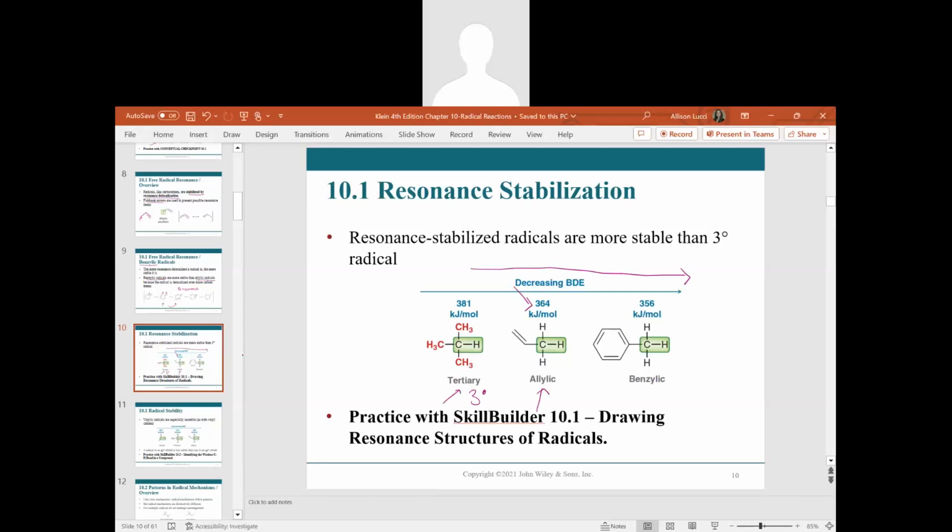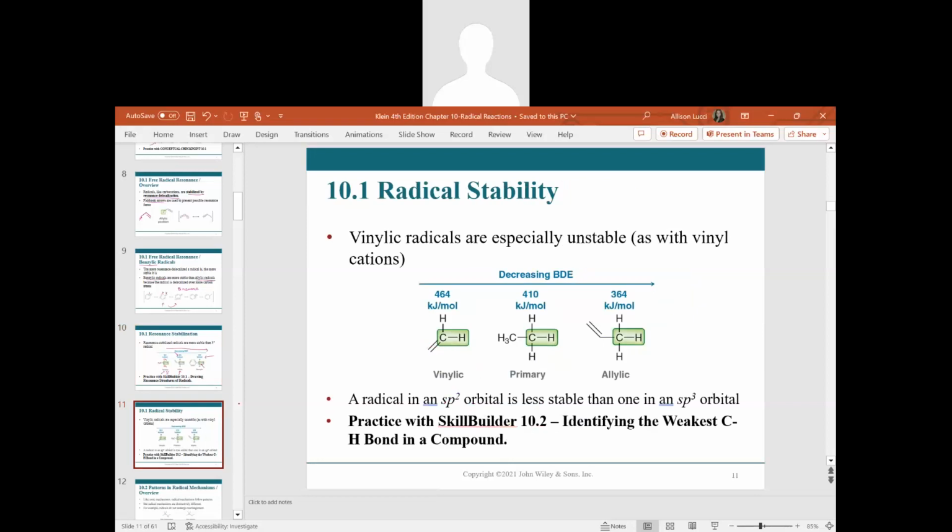That decrease in energy goes along as these radicals become more and more stable. Then we see the least amount of energy here with a benzylic site, so the radical site would be created on that carbon at the benzylic site when that CH bond is broken. That requires the least amount of energy, again showing that trend of stability.